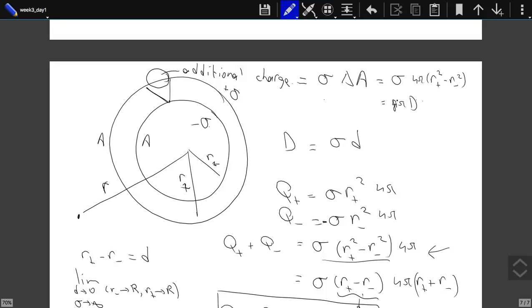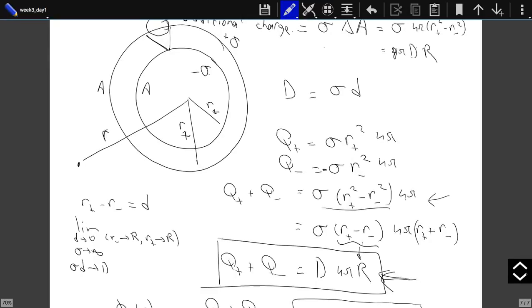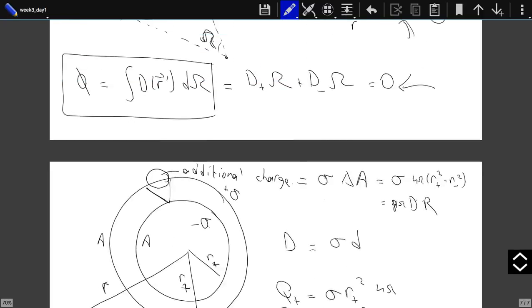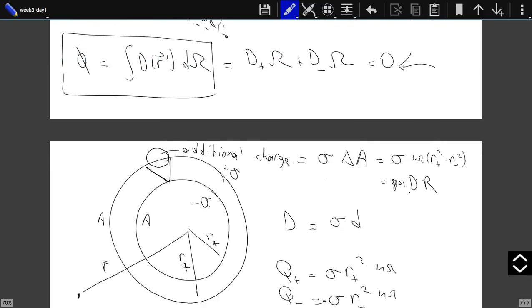Now this is 8 pi d times r, not 4, because r plus plus r minus becomes 2r. So this is the additional charge.